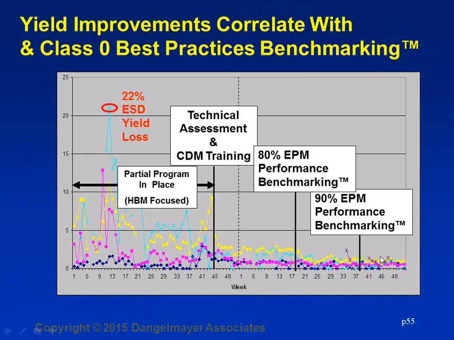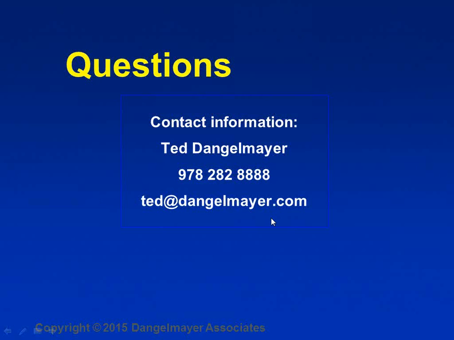But over the course of a year, the yields approached 100% with class 000 devices, by the way, at the end of that time period. So all very successful and conclusive evidence of the importance of expanding your CDM controls to include the strategies that we've discussed today.